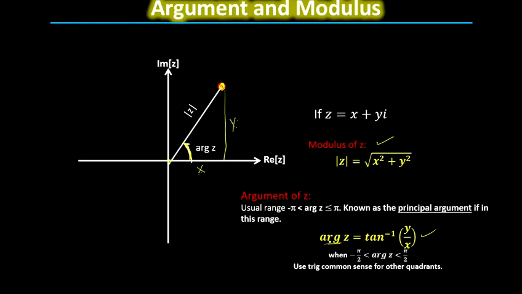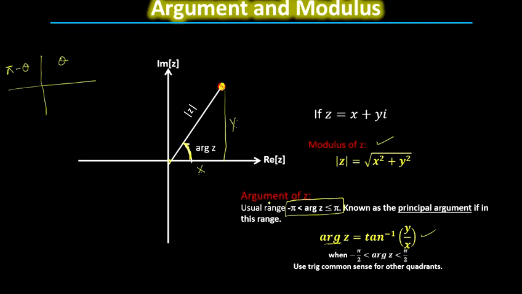You should know in which quadrant it lies. Please note down this basic property at the beginning. If you have a complex number in the first quadrant, the argument is simply theta, your basic angle. In the second quadrant it is pi minus theta. Now we have a convention, a practice, to write the argument only between negative pi and pi. This is known as the principal argument. In most cases, the examiner requires this: write the answer in the range minus pi to pi.